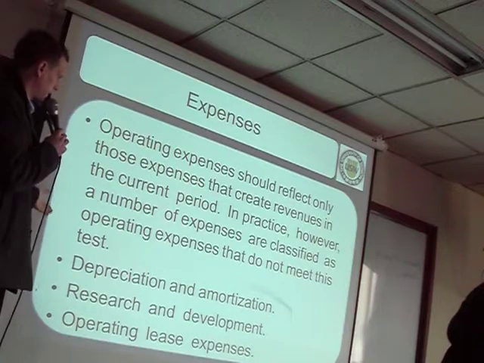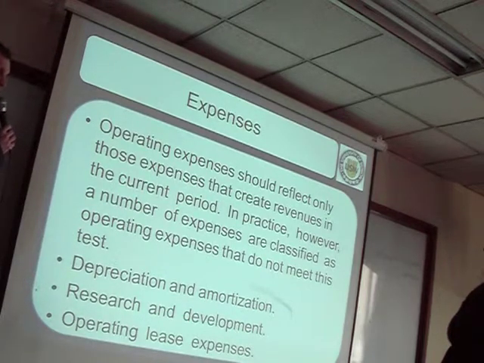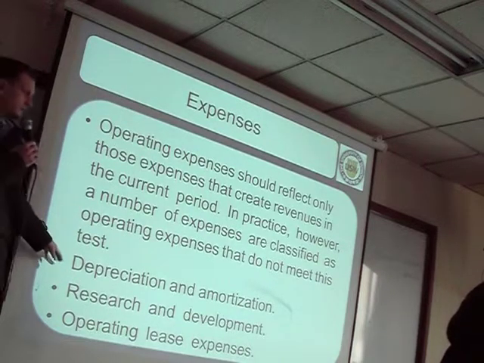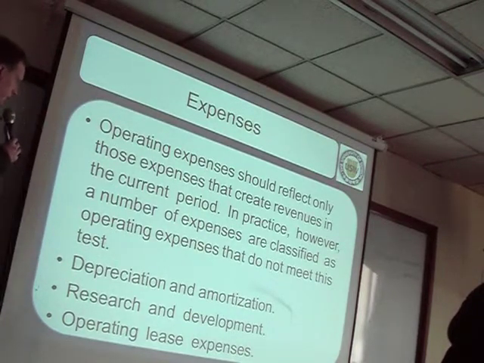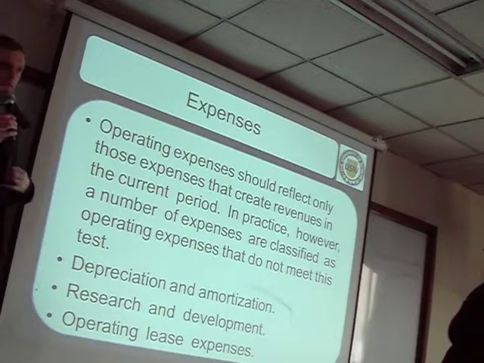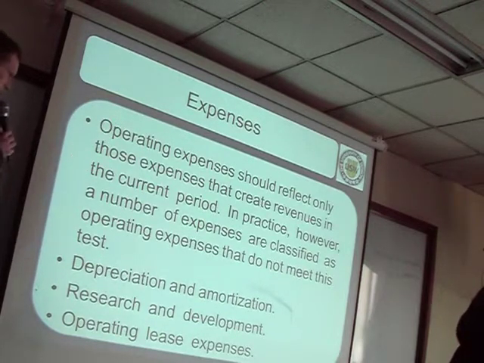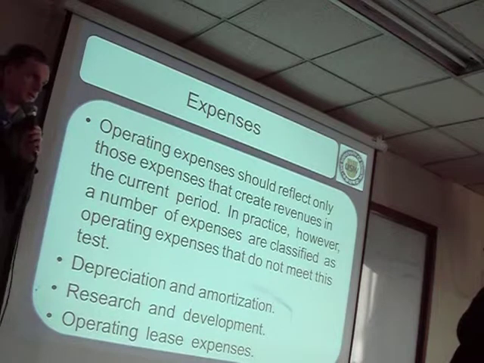But in practice, accountants put depreciation, which we just talked about, in operating expenses. Research and development, they also put in operating expenses. And lease. Do you understand lease? Yes. Lease is like a long-term rental. They can also put those expenses in operating expenses, even though they're not normally operating expenses.